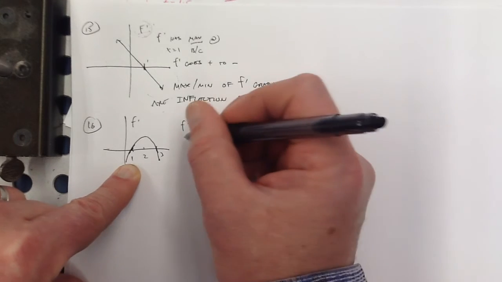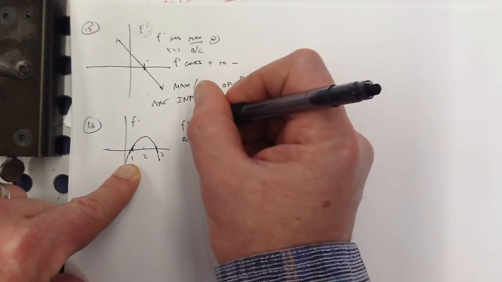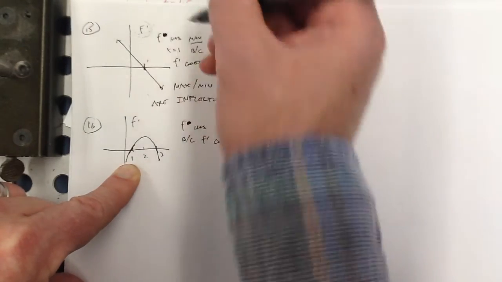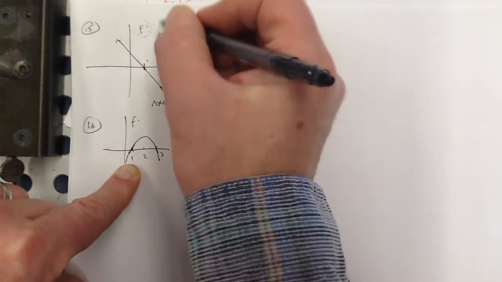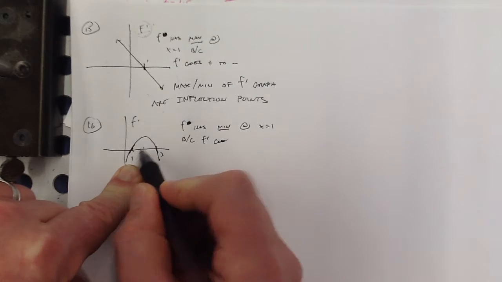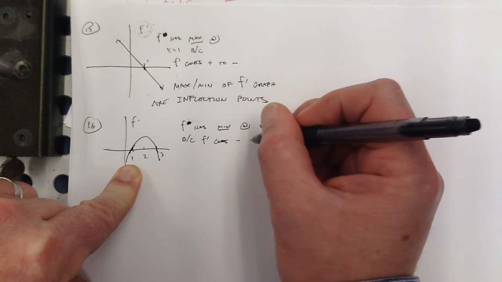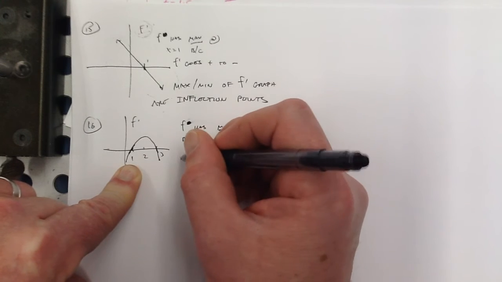Oh dear, I'm making claims about the original function, right? Sorry about that. F has a minimum at x equals 1 because f prime goes from negative to positive.